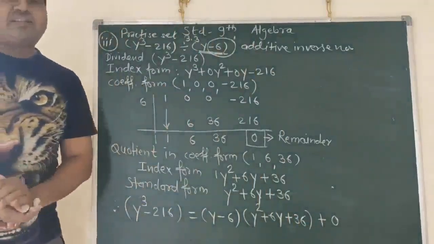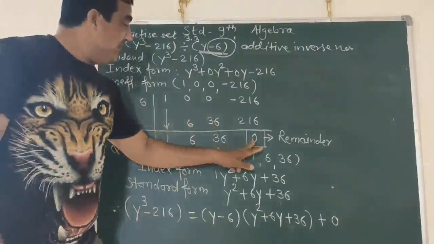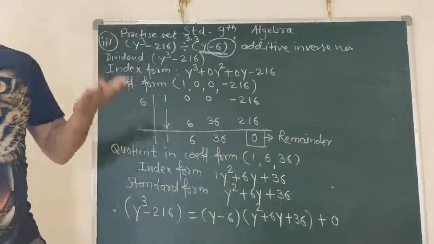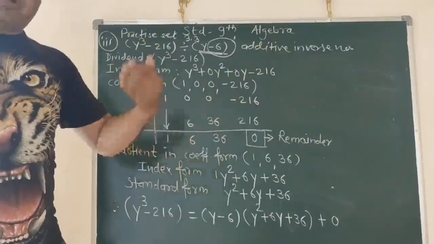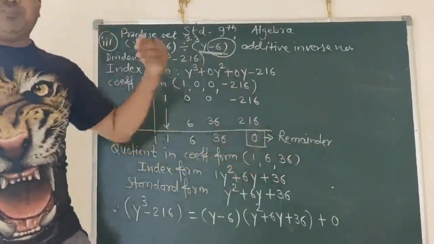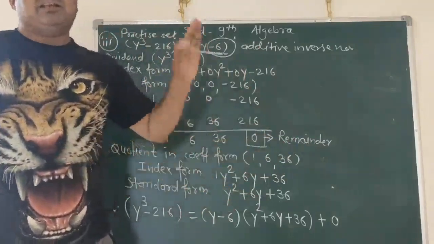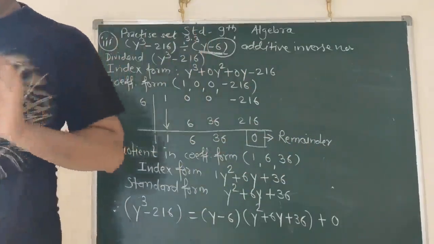In both the examples we have taken, we got remainder 0. But in some examples it will be other than 0. Whatever the last term is, that is your remainder, whether it is 0, a positive integer or negative. Okay? So here we stop.